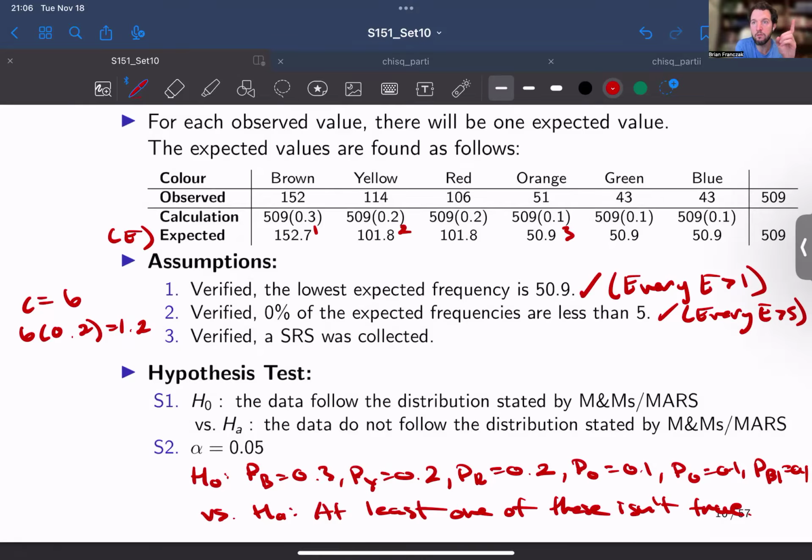We only need one of them to be false for the null hypothesis to be rejected. If all of them are false, that's fine, but you only need one. So that's why it says at least one. On step 2, we state the significance level. Okay, so now on step 3, we're going to compute our test statistic.